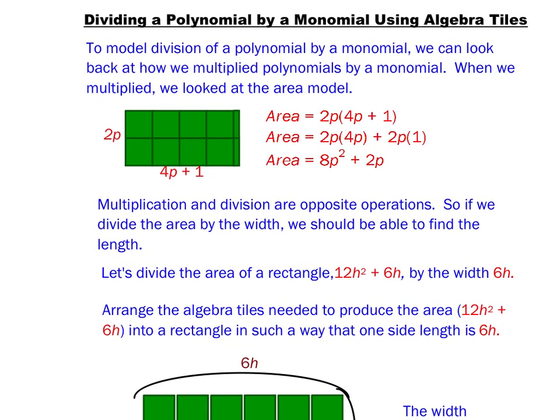So if we want to divide, what we need to do is start with the area. We're going to start with the inside, and we have to arrange the tiles in such a way so that one of the dimensions is what we're dividing by.